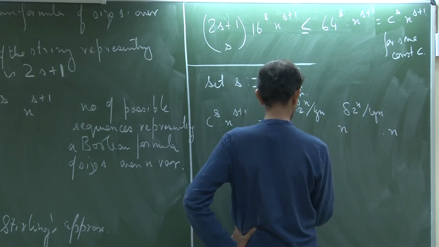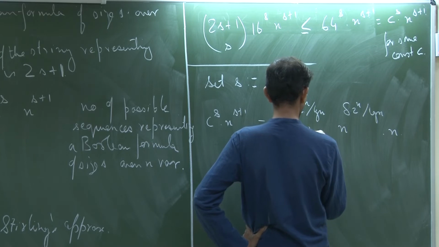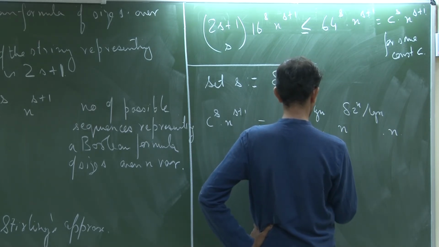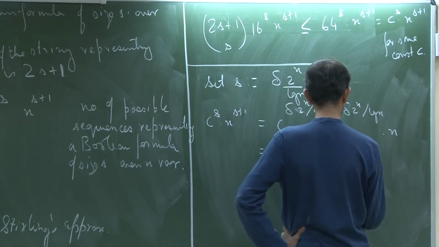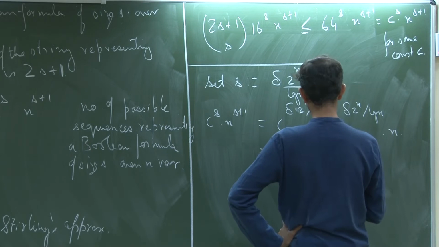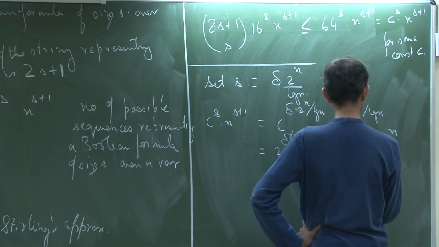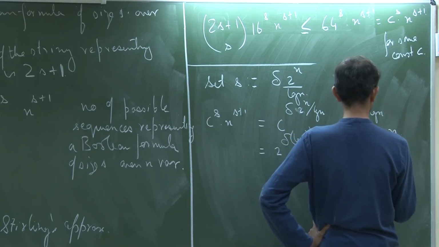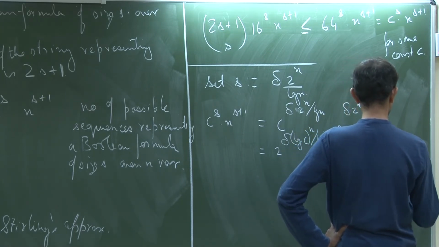So, I can write this as 2 to the power delta log C whole to the power n by log n, and this will become 2 to the power delta log n to the power n by log n.